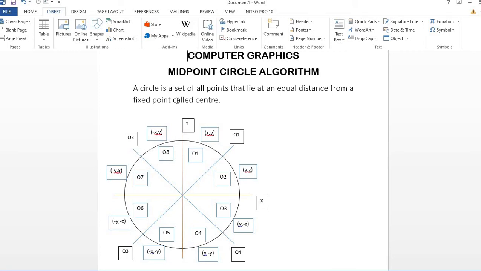For any given pixel x, y, the next pixel to be plotted is either x, y plus 1, or x minus 1, y plus 1.